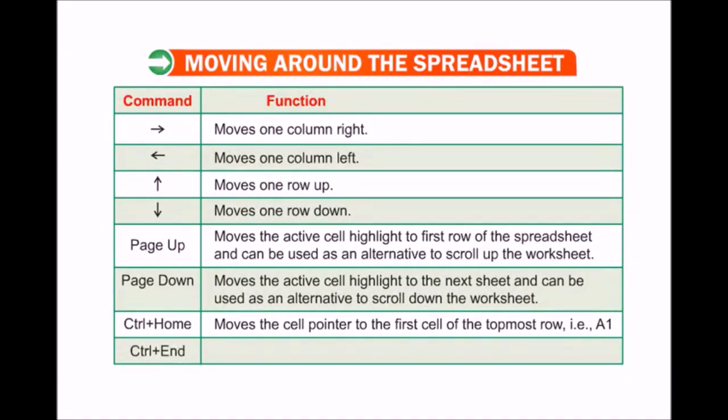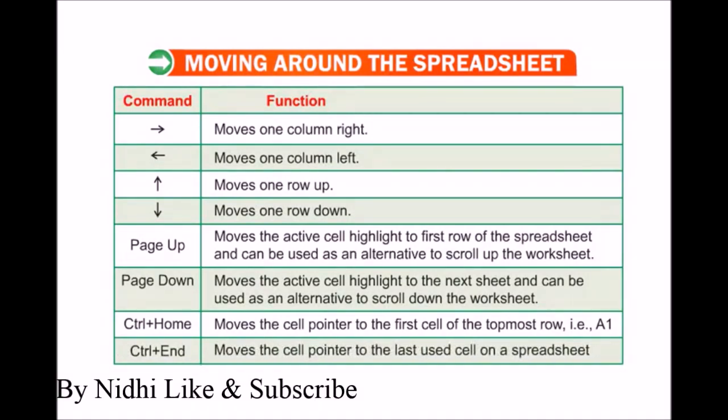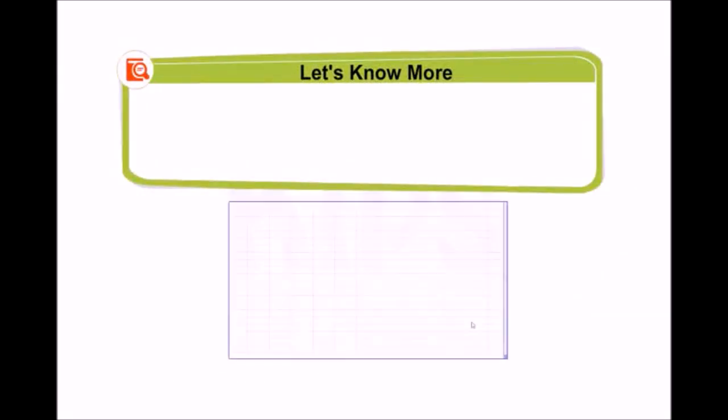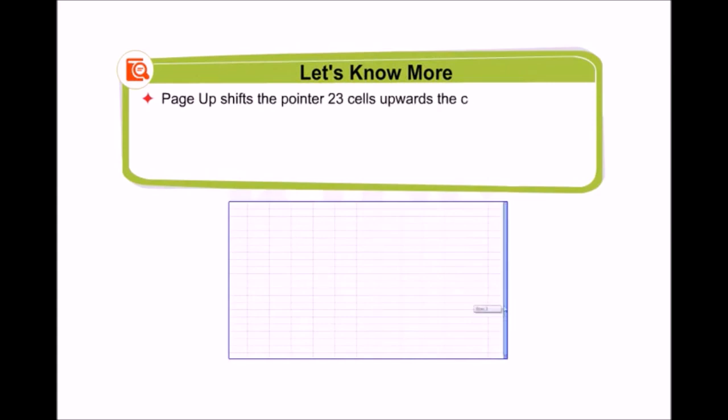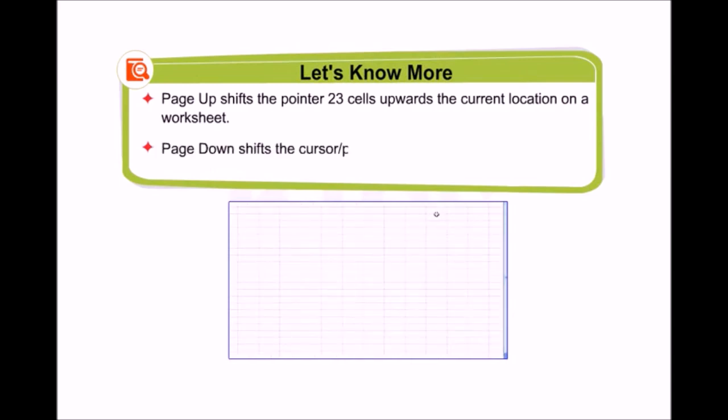Control plus End moves the cell pointer to the last used cell on a spreadsheet. Students, note that Page Up shifts the pointer 23 cells upwards from the current location on a worksheet. Page Down shifts the pointer 23 cells downwards from the current location on a worksheet.